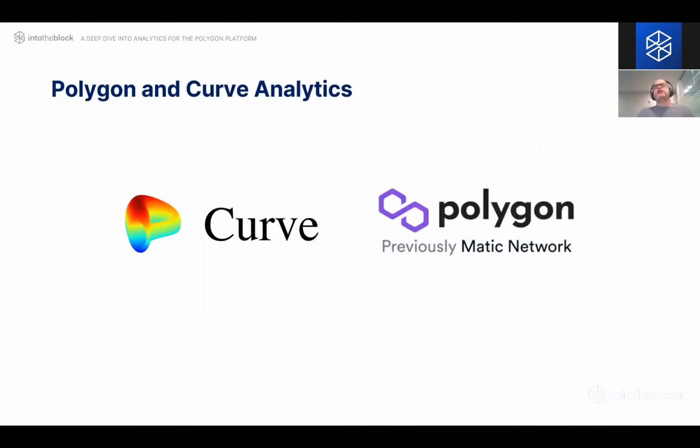That will be followed by a new set of analytics for the Curve protocol that we have been using very actively, as well as some analytics for what will be one of the first releases for the Polygon blockchain ecosystem that we have been working on very hard. Today, hopefully, I can show you how that data looks, although it's not going to be the end product. That's probably an update on our side.